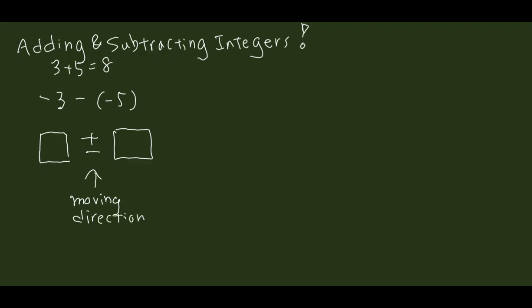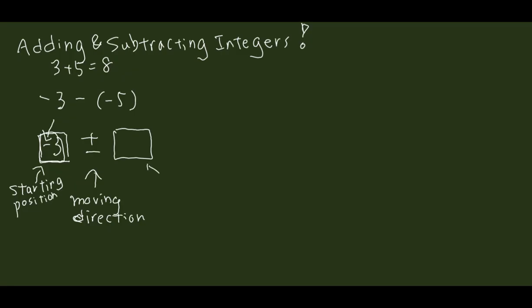And this one, even if you have something like -3, this is not a movement. This whole thing is just a position, okay? It's a starting position on a number line.